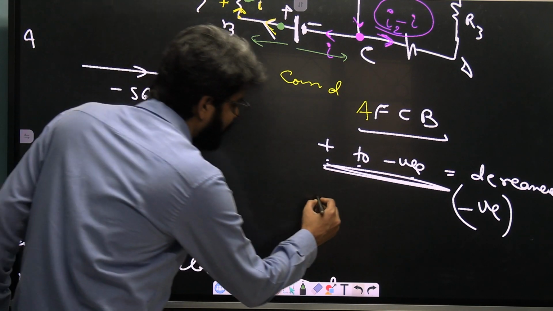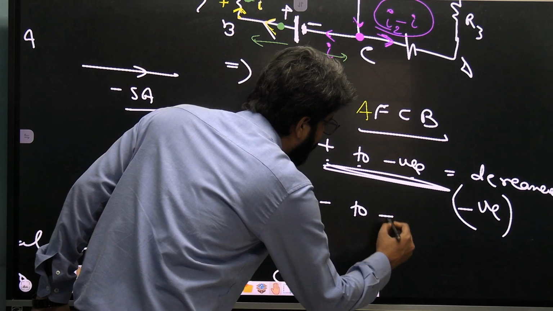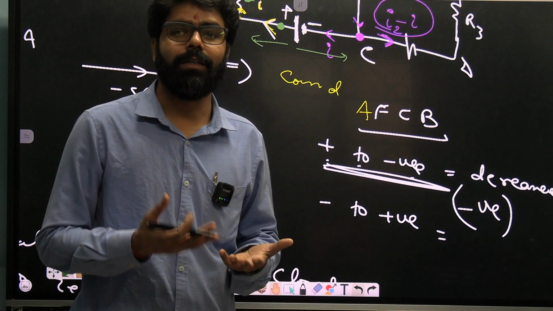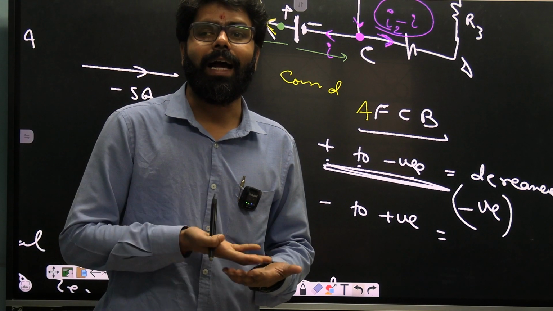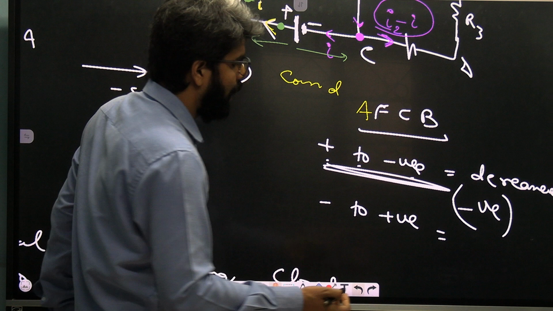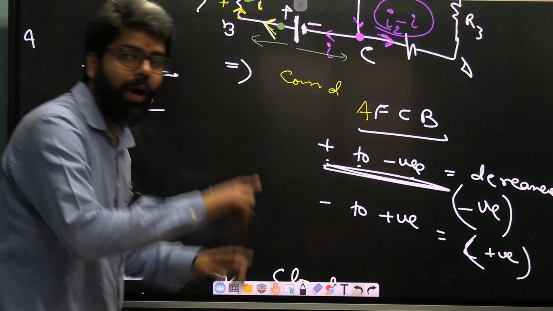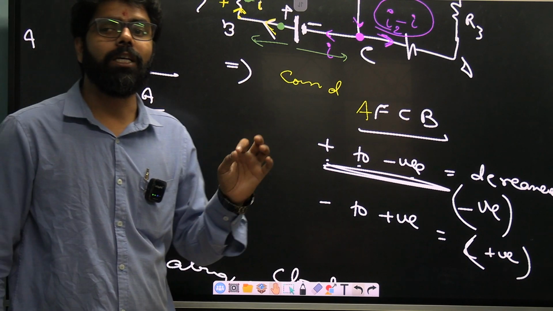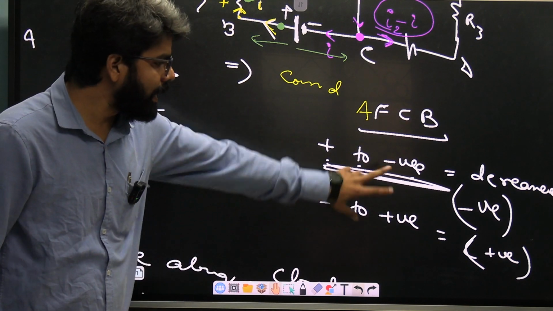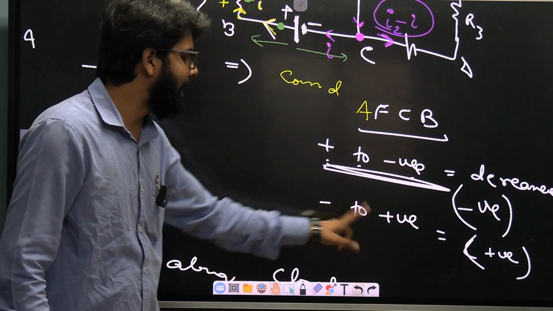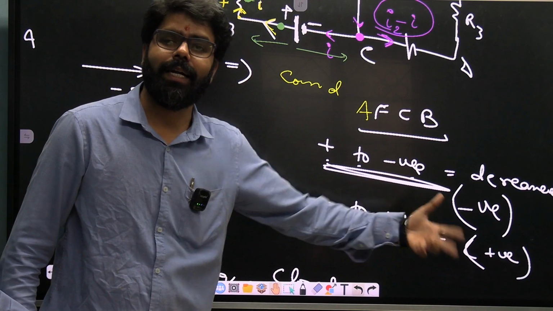When you go from negative to positive, that is a good sign for me. It shows an increment, that I am upgrading myself, so I keep the voltage positive. You add them all up and set the total equal to 0. You can take the reverse as well: positive to negative as positive, and negative to positive as negative. It's as you wish.